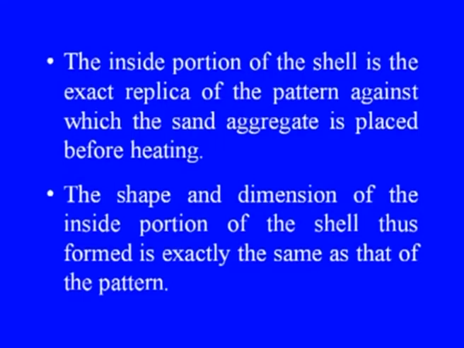The shape and dimension of the inside portion of the cell thus formed is exactly the same as that of the pattern. If the pattern is of two pieces, then the other half of the cell is also prepared the same way.